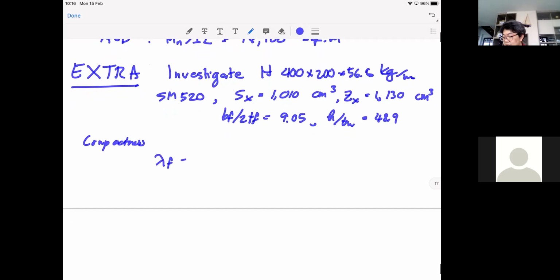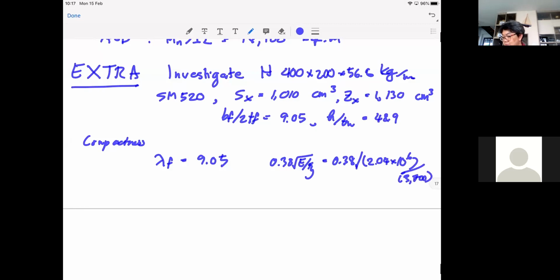Lambda F is 9.05. We compare this to 0.38 square root E over Fy, which is 0.38. This time, E is the same, 2.04 multiplied by a million, but Fy is 3700, okay?